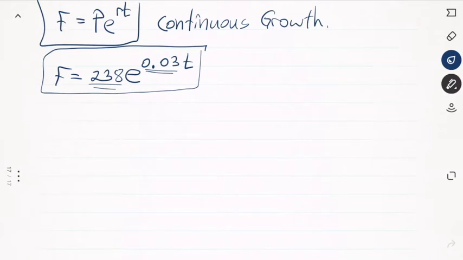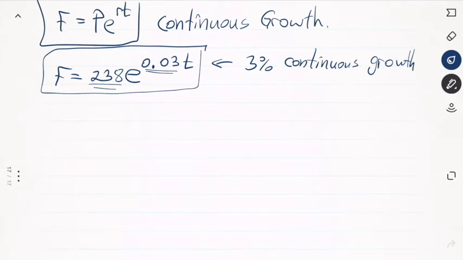But it's not 3% per year, even though we could convert it into per year. What it means is it's growing at 3% continuously. So this is 3% continuous growth every second of every day, every millisecond of every day. It's kind of confusing, but it's always growing at 3%.